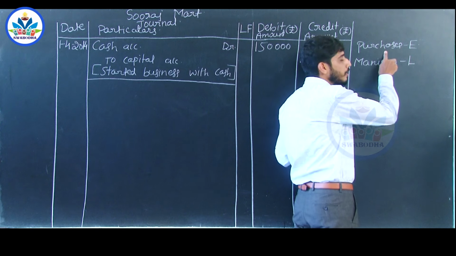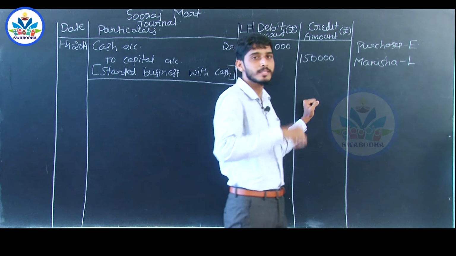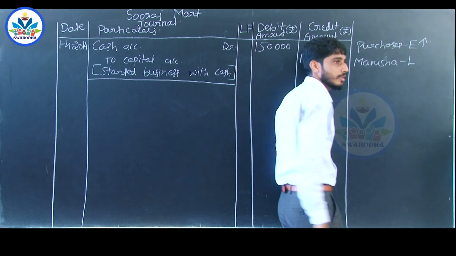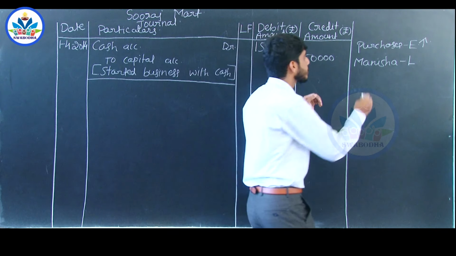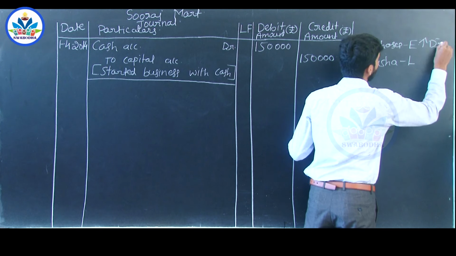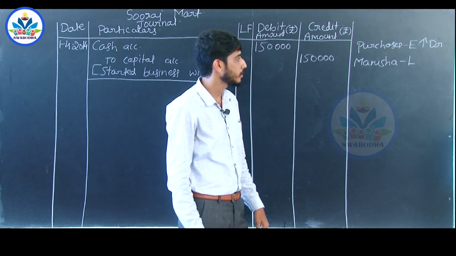So, whenever you make purchase of goods, the purchases value increases or your expenses value increases. When your expenses value increases, the rule says increase in an expense has to be debited.